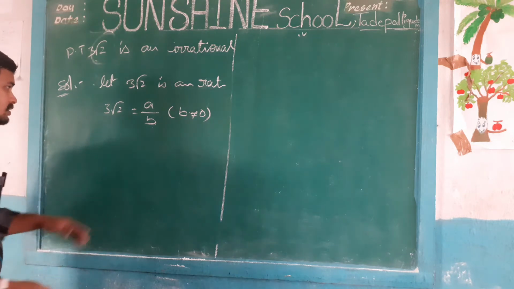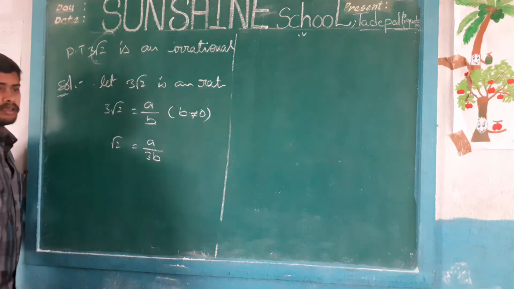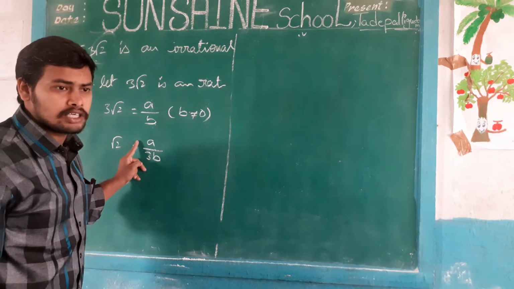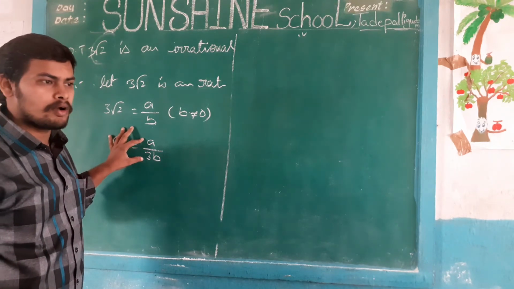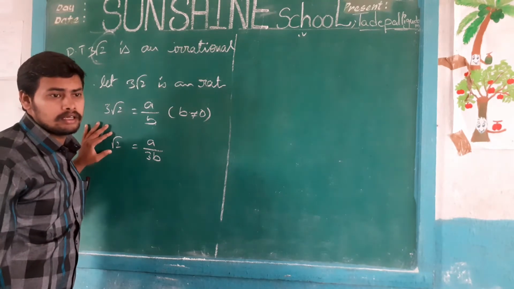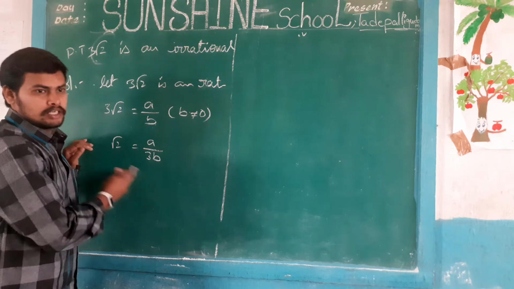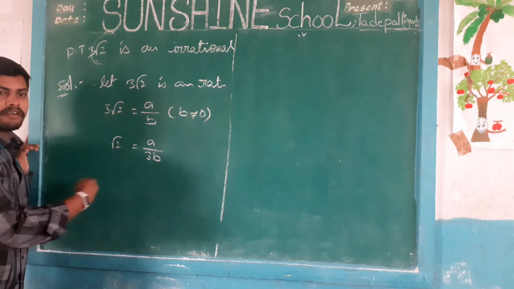So root 2 equals a by 3b. A by 3b is in the form of rational, but here root 2 is an irrational. So an irrational number is equal to a rational number, which is not possible. Hence 3 root 2 is an irrational number because of our incorrect assumption.